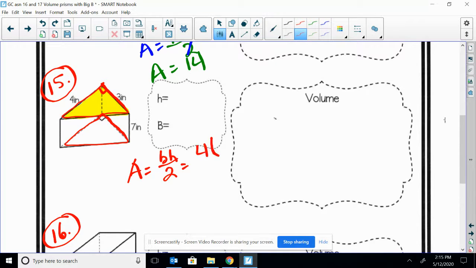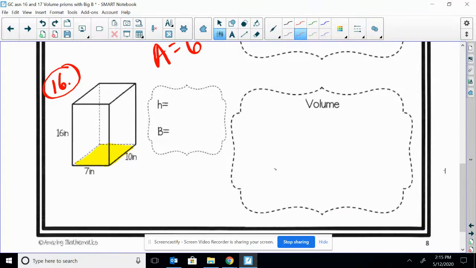Base is 4, height is 3, all of that over 2. I'm going to simplify because I know 2 goes into 2 once, 2 goes into 4 twice. All I have left is 2 times 3. Area is 6. Don't forget our units, 6 inches squared.